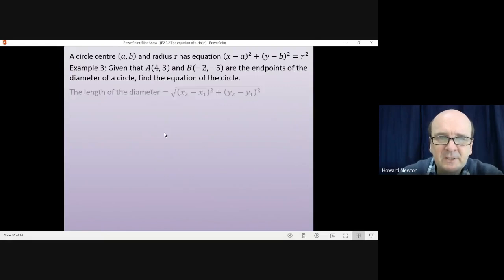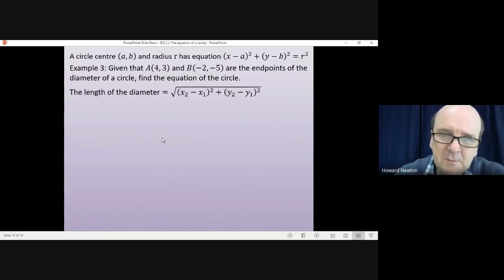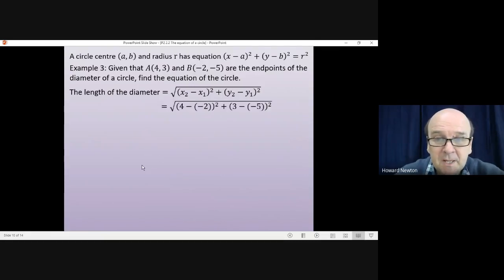Okay, let's have a look at this. So first thing I'm going to do is find the length of the diameter. And that's the formula for finding the length of any line segment. So you square the difference in the x values, square the difference in the y values, add them together, square root. That is just Pythagoras' theorem, really. So putting in x2 and x1, we've got 4 take away -2 for the x values, 3 take away -5 for the y values.